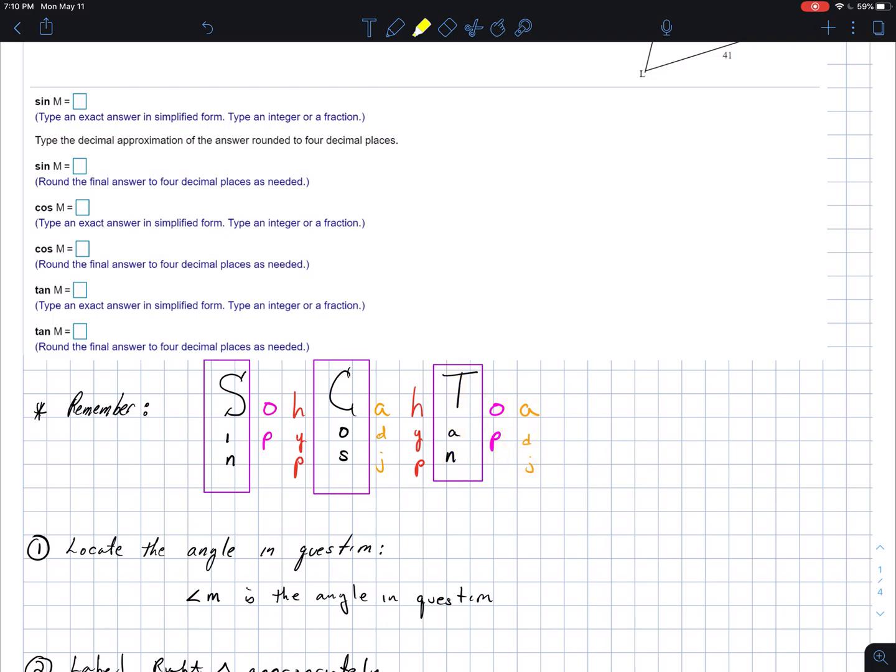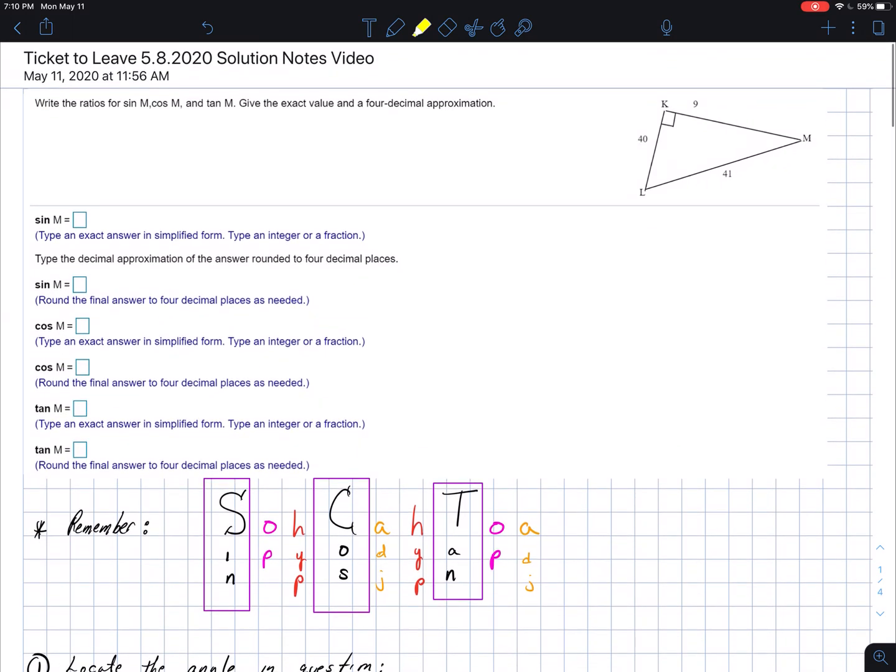So now that we have that understanding of what the relationships are, we can now start to really answer the first question. And what is the first question? Well, it says, write the ratios for the sine, cosine, and tangent of a particular angle. That angle is what? Yeah, that's right, it's M. So that's the angle we're going to be looking at.